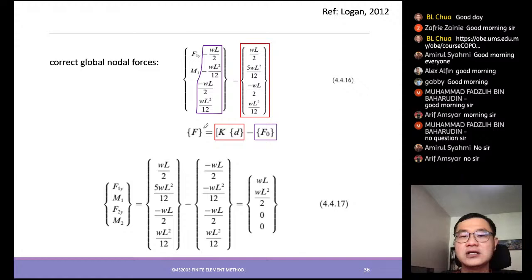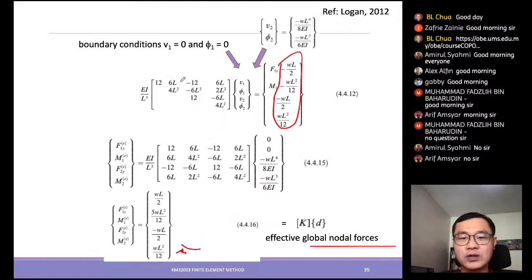To the other side, minus them out, then eventually you will get the actual force. Because if you only solve for this one, then what you get is this value, but our intention is to know the forces and moment acting at node number one.